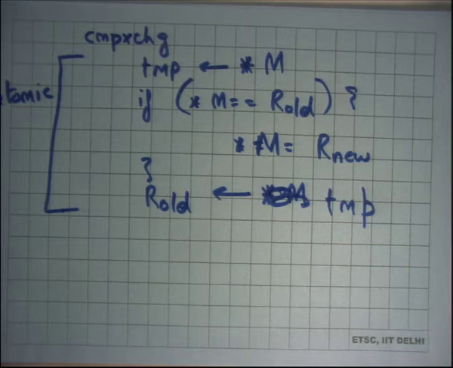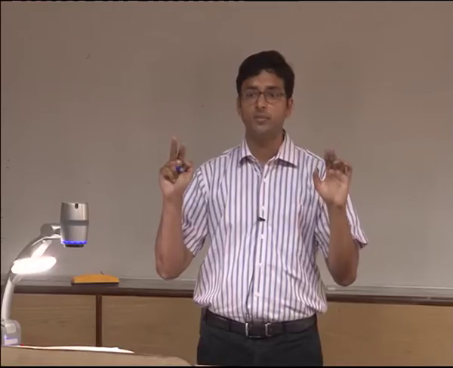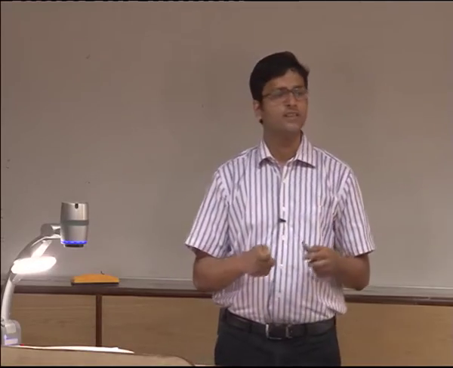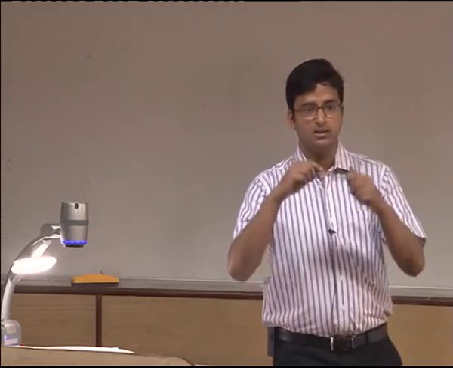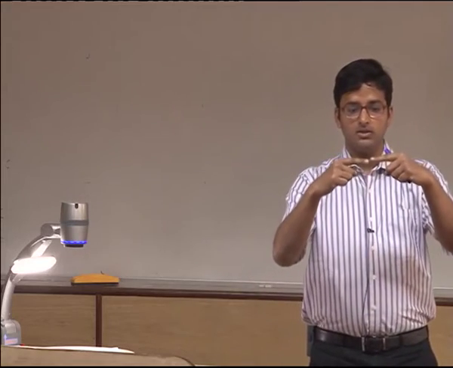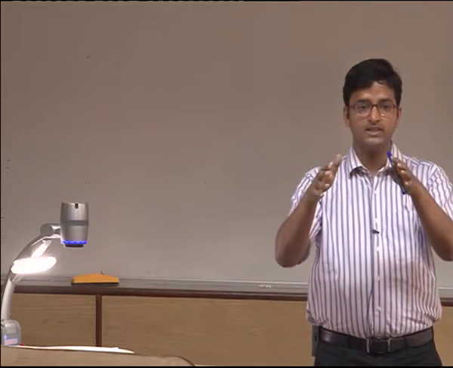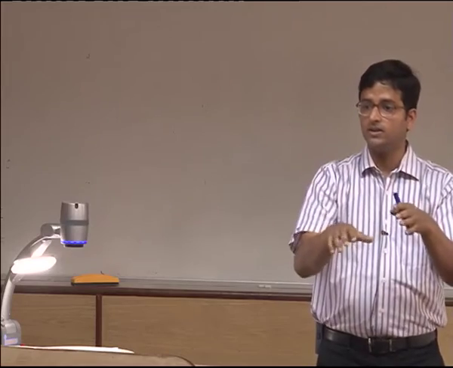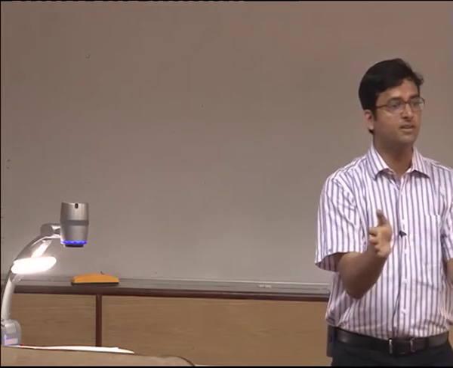Okay. This operation is actually very similar to the semantics of the commit operation in a transaction, right. What is the commit operation? The commit operation says change the value of these locations with these new values if nobody has written in the middle.